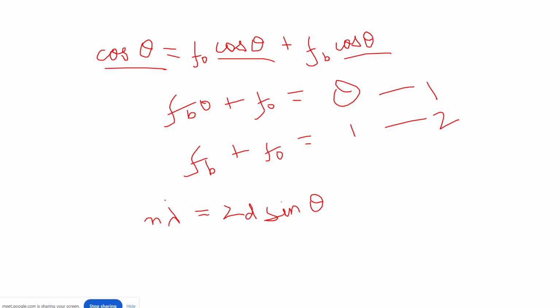And here lambda is usually known for copper, which is 1.54, and the theta is given in that question, and you have to find d. n you can take 1. So if you use this relation, you'll be able to solve that question.